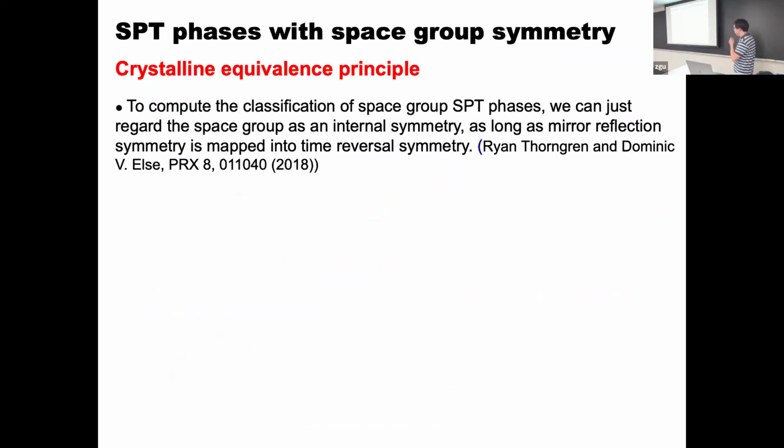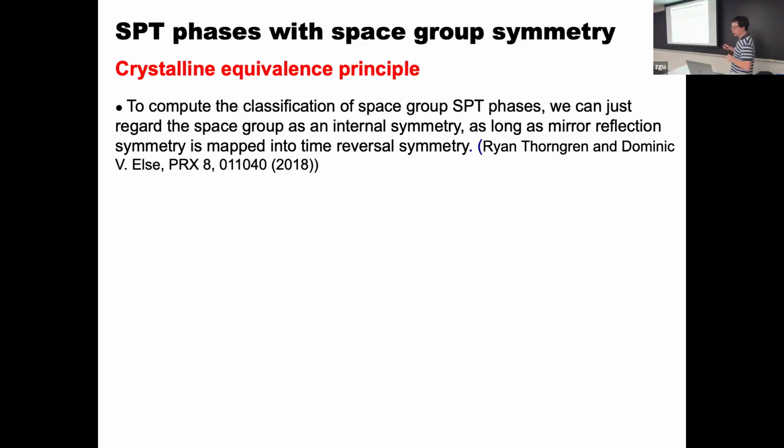Then I think later some people used more rigorous methods to show that for the classification of crystalline SPT phases and internal symmetry SPT phases, there is a certain kind of correspondence.